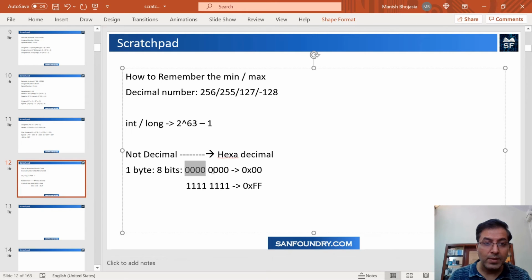Now what I have calculated is essentially treating all the bits as data. So this is like an unsigned entity, right? When you talk about an unsigned entity or unsigned character, we are really looking at hexadecimal 00 all the way up to hexadecimal FF.